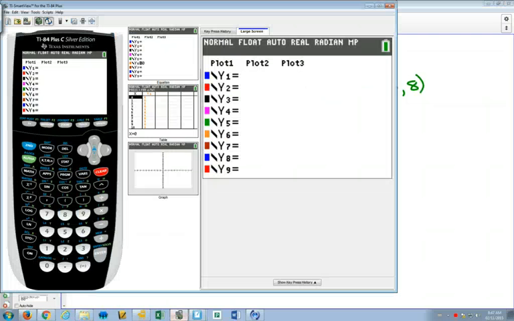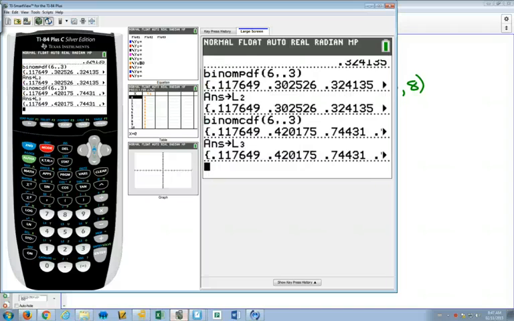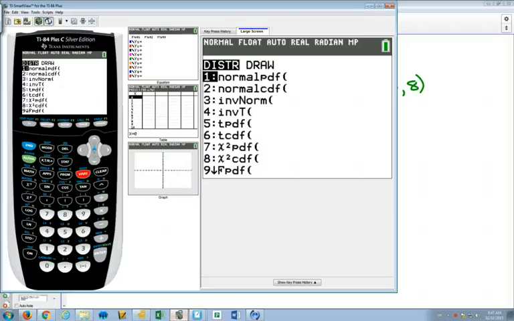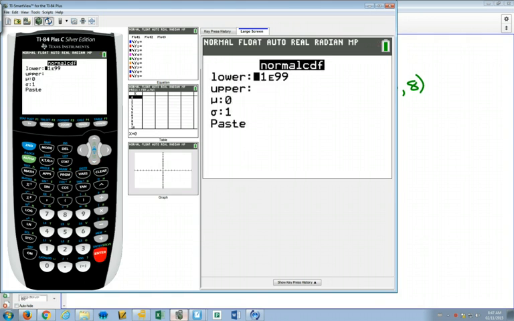So where is that on our calculator? Again, go to distribution, same place that you found binomial PDF and binom CDF, except you see them right away. Your lower number was, was it 87?